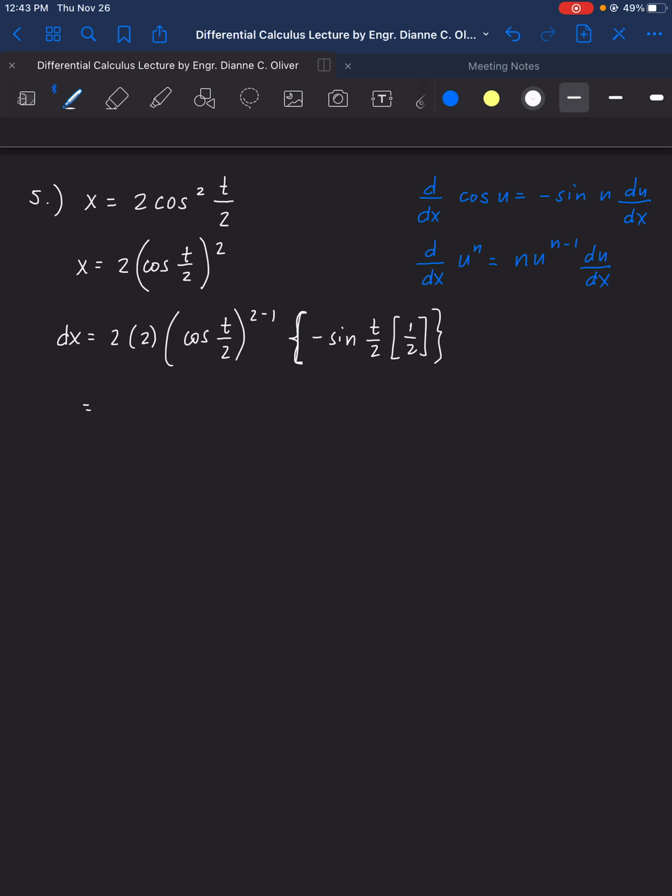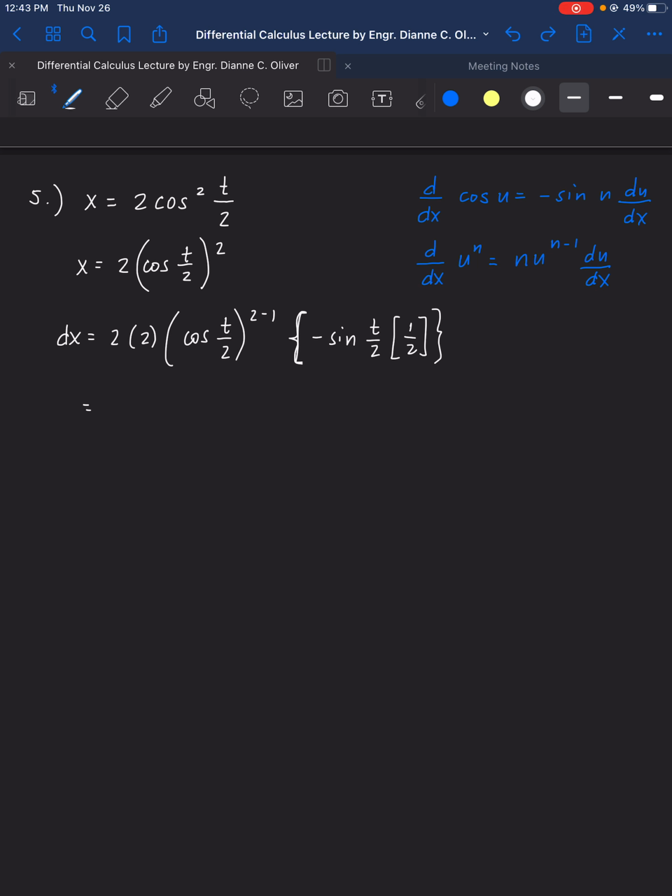So again, we brought down 2 minus 1 there, copy u, then derive what is inside, or deriving u. So this now becomes, now this 1/2 here will not be multiplied again to the angle, but rather to the whole sine t over 2, or the whole negative sine t over 2.